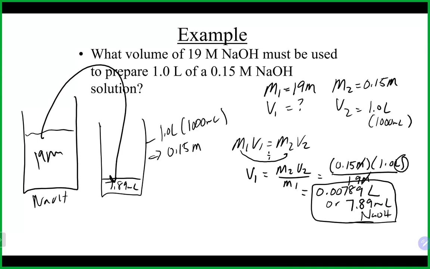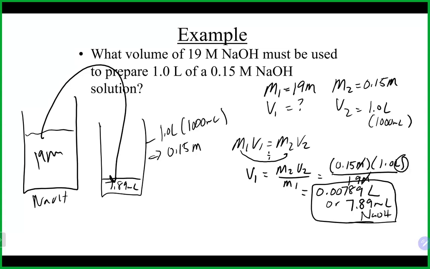So the question is, if I put my 7.89 milliliters of sodium hydroxide in there, and really I want a volume here of 1 liter or 1,000 milliliters, should I put 1,000 milliliters of water in with it? The answer is no, I shouldn't, because if I put 1,000 milliliters of water in it, my total volume would be how much? Like 1,007 milliliters, right? Which means my molarity would not be correct.